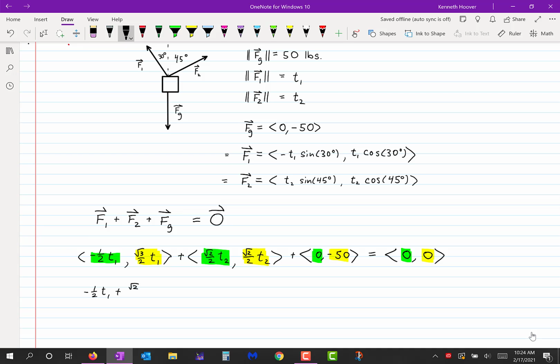This is the equation we get from the x components, and here's the equation we get from the y components. Or some people prefer to call those the i and j components.